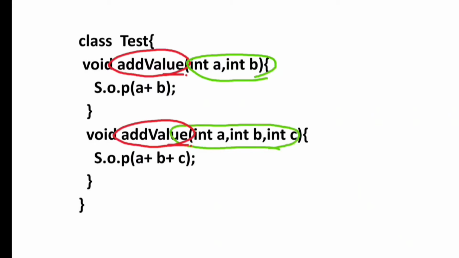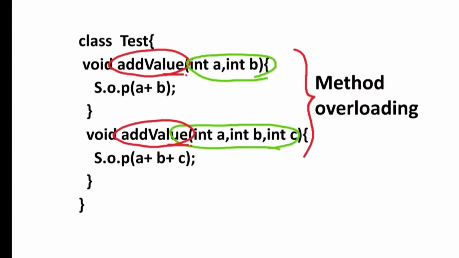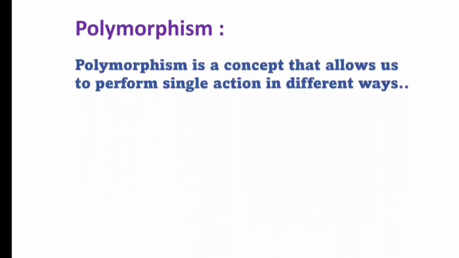But the ways of doing addition are different, because this method is going to perform addition of two integer values, and this method is going to perform addition of three integer values. So in both cases we are doing the same action, that is addition, but the ways of addition are different, or we can say the action is the same but the ways are different, and this concept is nothing but polymorphism. So basically polymorphism is a concept that allows us to perform a single action in different ways.